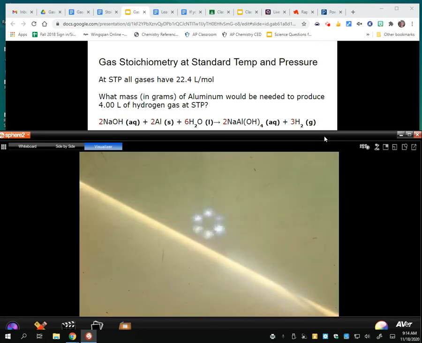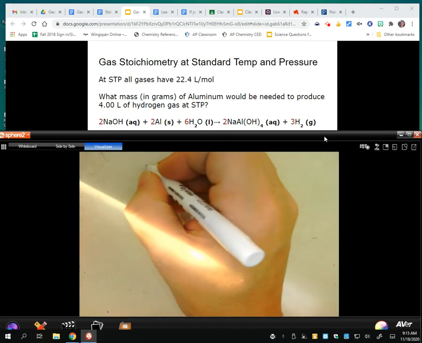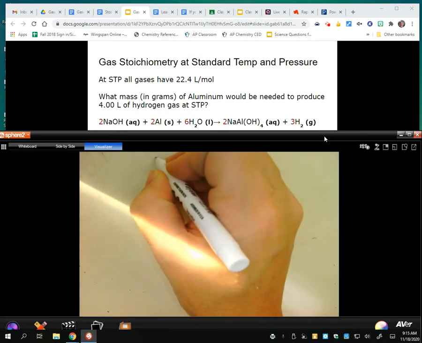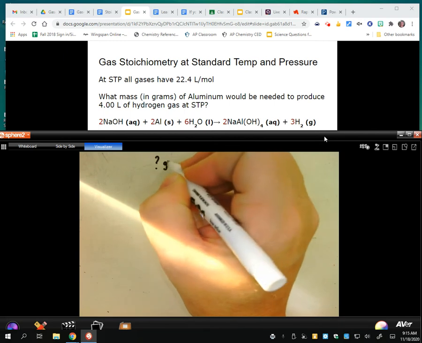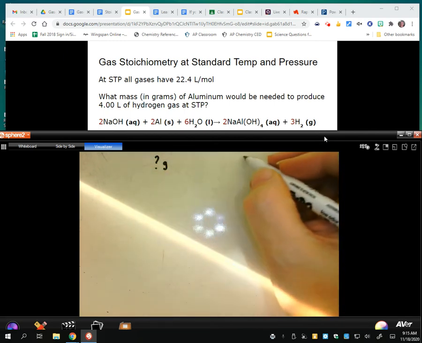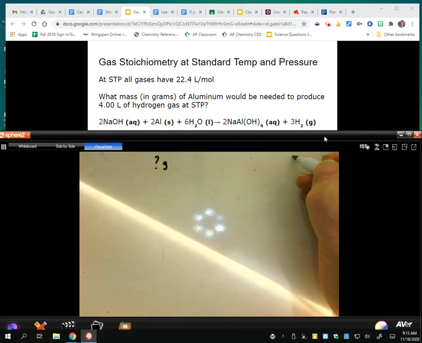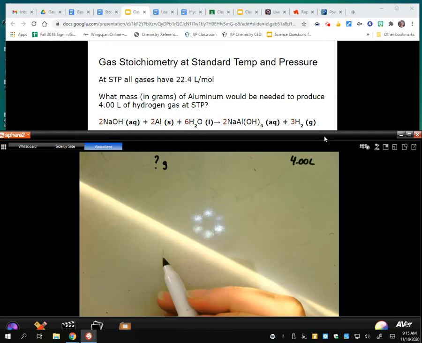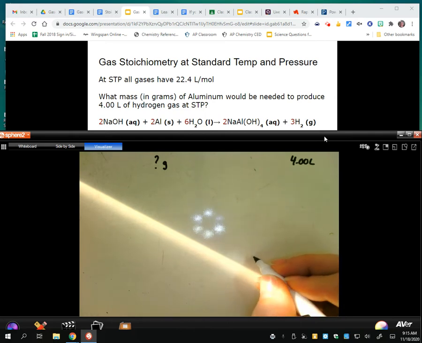So first thing I'm going to do is make my map without rewriting the equation. We want to know what mass of aluminum, which is right up above, would be needed to produce 4 liters of hydrogen gas at STP. Since it is at STP, I know I can use 22.4 liters per mole.